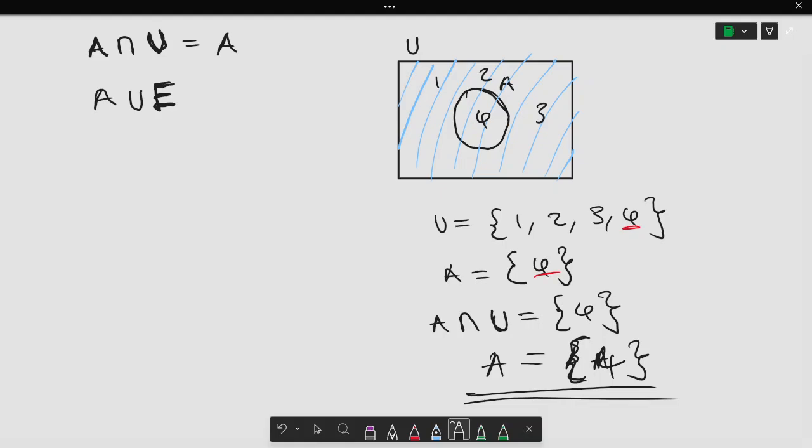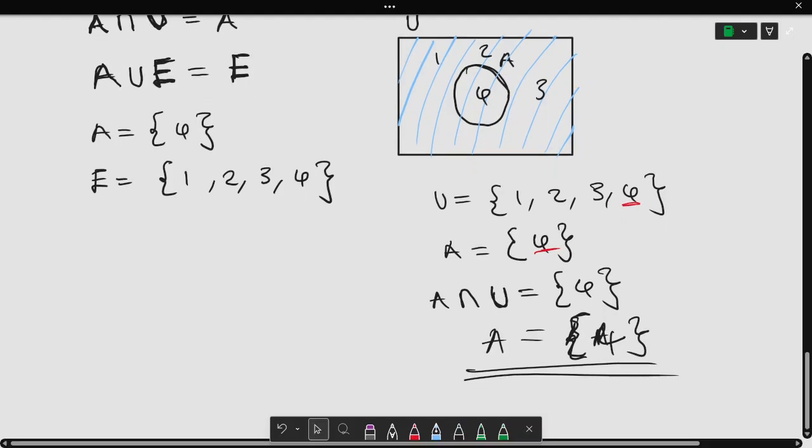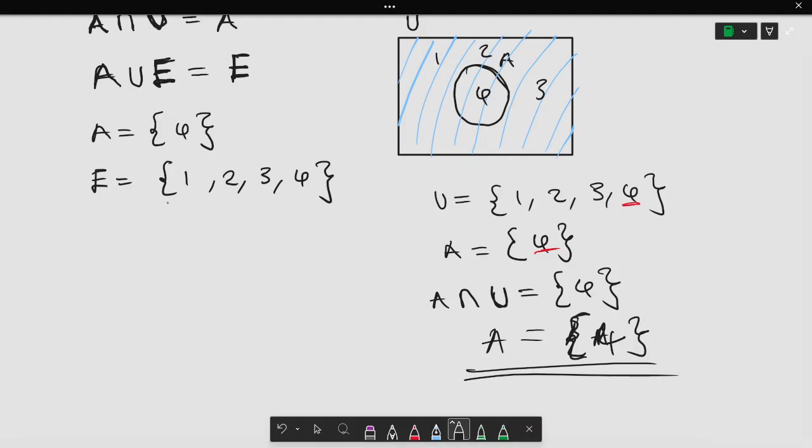So if you take any set and find the union of that set with the universal set, what you get is always the universal set. Let's say set A just has one element, which is 4, and the universal set has 1, 2, 3, and 4. The union of these two gives all the elements in here and all the elements in here.